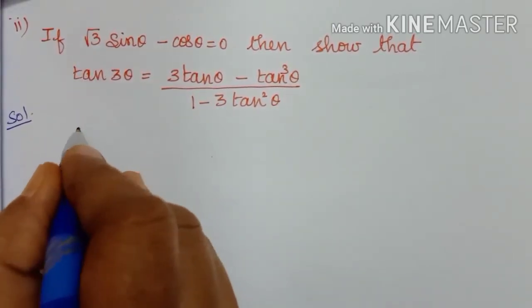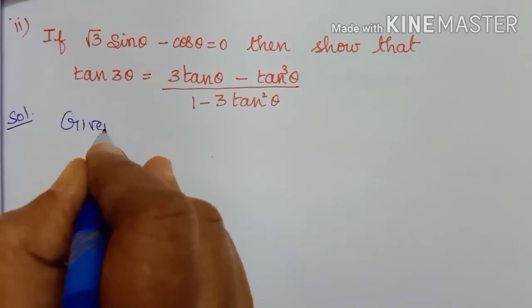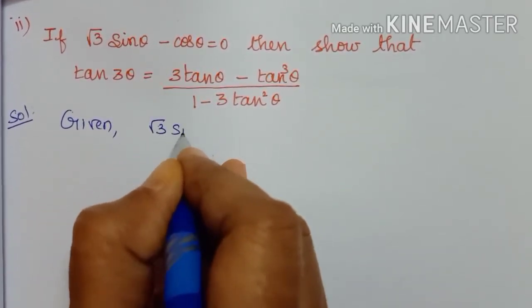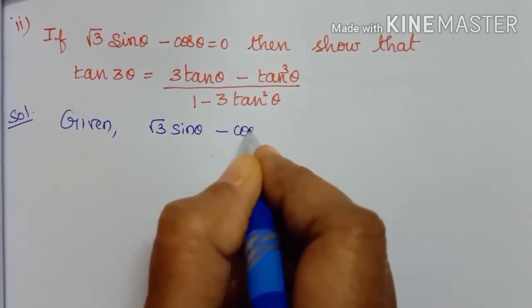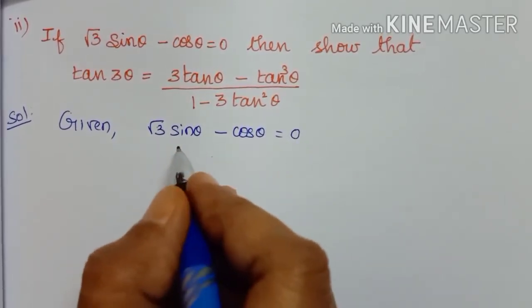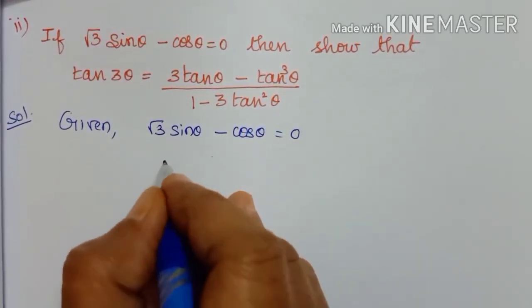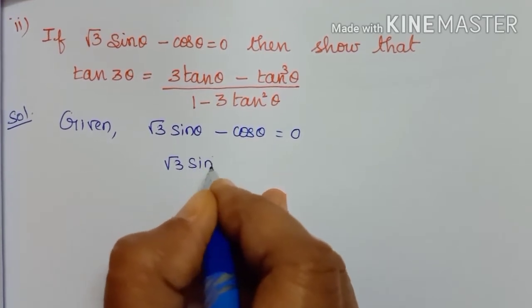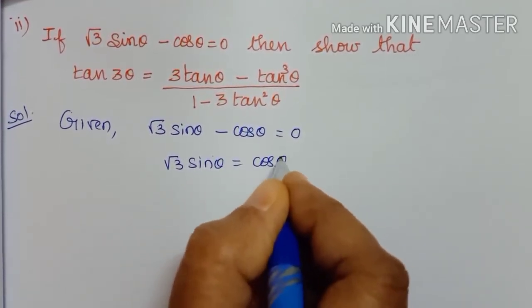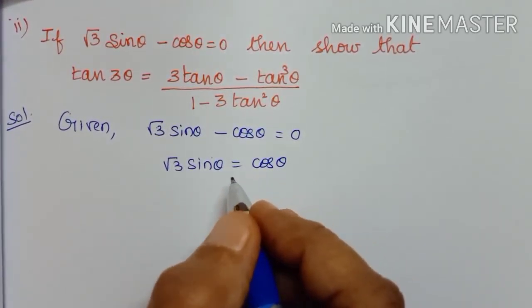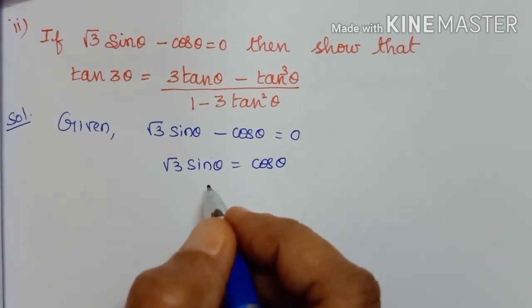Now start with the given value, root 3 sin theta minus cos theta is equal to 0. First I am going to take cos theta to this side. So root 3 sin theta is equal to cos theta. Now I am going to group trigonometry ratios on one side and numbers on the other side.